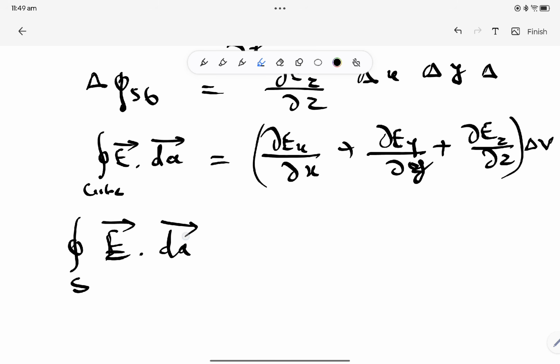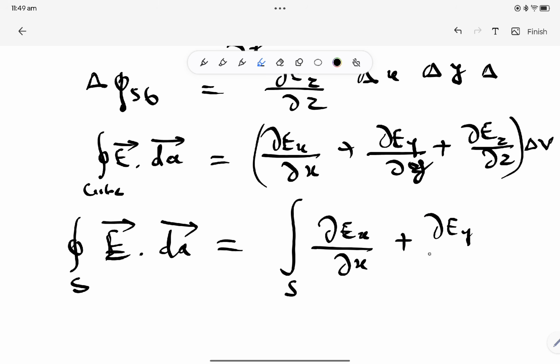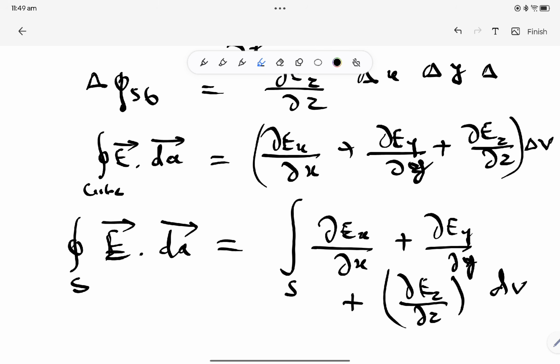That will be the integral of del Ex by del x plus del Ey by del y plus del Ez by del z, then dV.